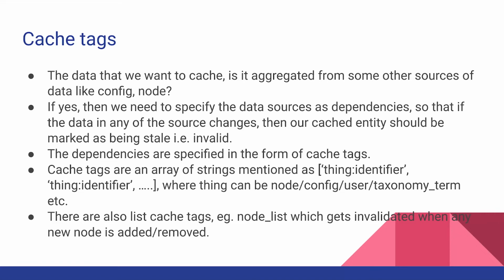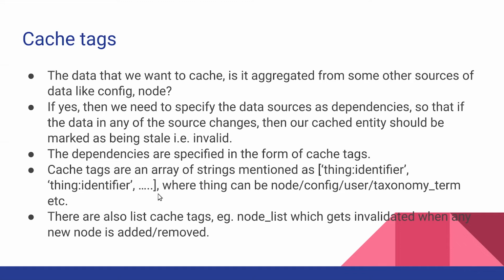If yes, then we need to specify those dependencies when we are generating the render array, so that in case any of the data sources changes in value, our cached entity is also marked as stale, and a fresh cache entity is generated based on the updated values. The way of providing these dependencies is in the form of cache tags. Cache tags are nothing but an array of strings which look like this, in the format thing:identifier.